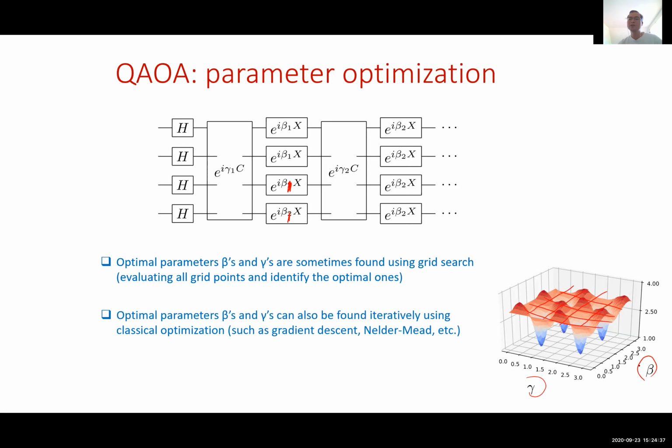Once you find one, let's say somewhere here, you can do an iterative search to find the maximum. Or you could optimize completely by starting from something random and using a classical optimizer to search for the best beta and gamma. Use any of your favorite optimizers, using gradient descent or other methods that we have seen before.